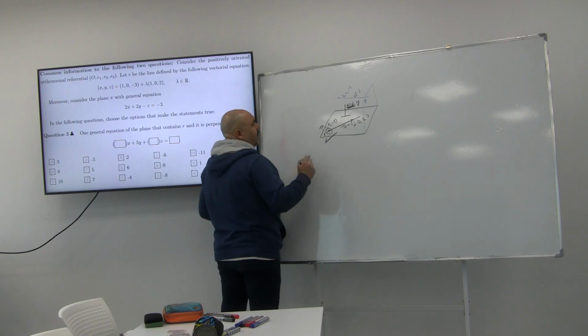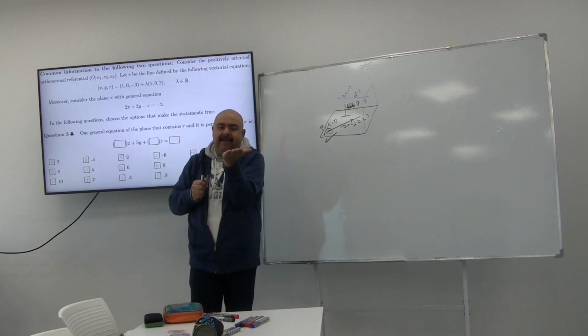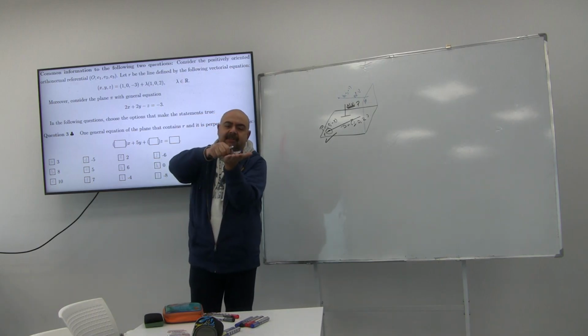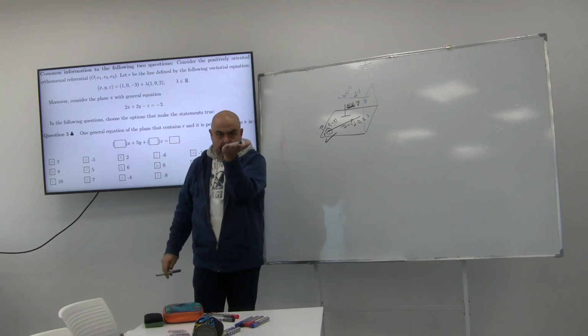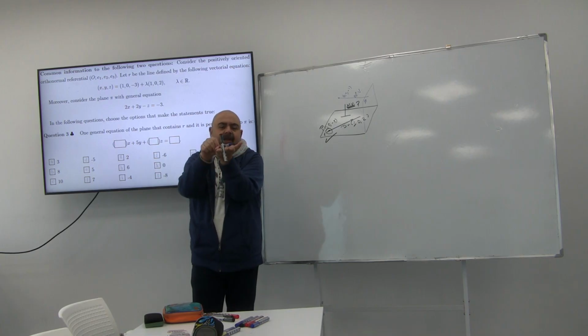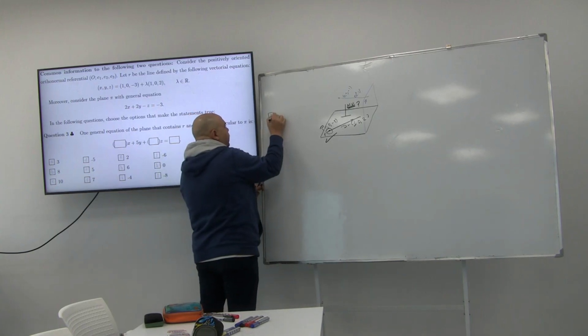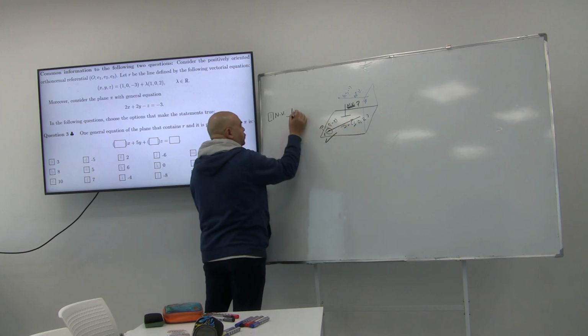The question now is, how to get this normal vector? Once more, get back to the knowledge. This is the plane that I'm searching for, and this is R, which is a straight line that belongs to this plane. I'm looking for this normal vector. See, it is perpendicular to this direction vector. So our normal vector, the one that we need, is perpendicular to the direction vector, which is 1, 0, and 2.